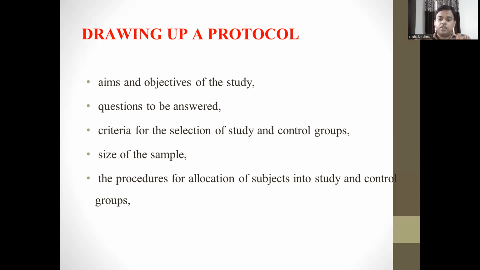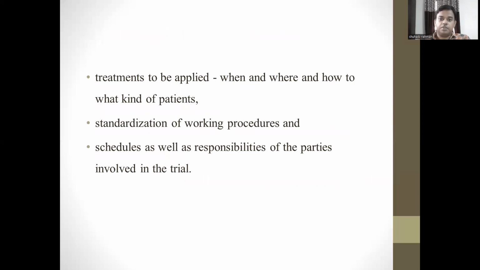And the procedure for allocation of subjects into study and control groups. How you are going to allocate them into study and control groups, that's also very important. And treatments to be applied, when, where, and how, and what kind of patients you are going to work with. And standardization of procedures. You are not supposed to do it according to your own view. For a particular procedure, there is a standardized or gold standard procedure, particularly for surgery.